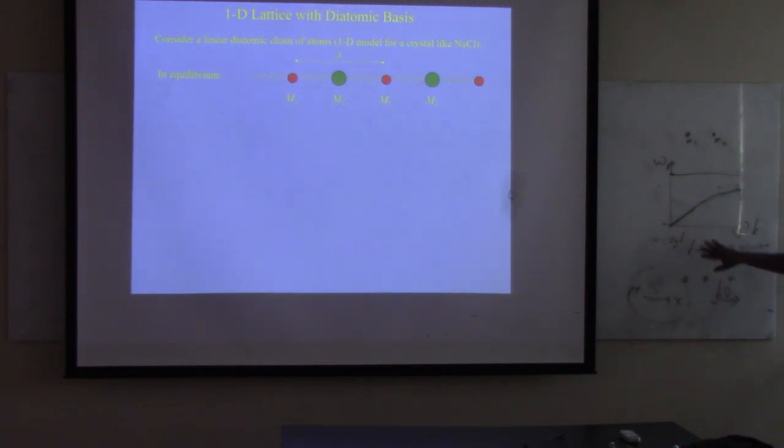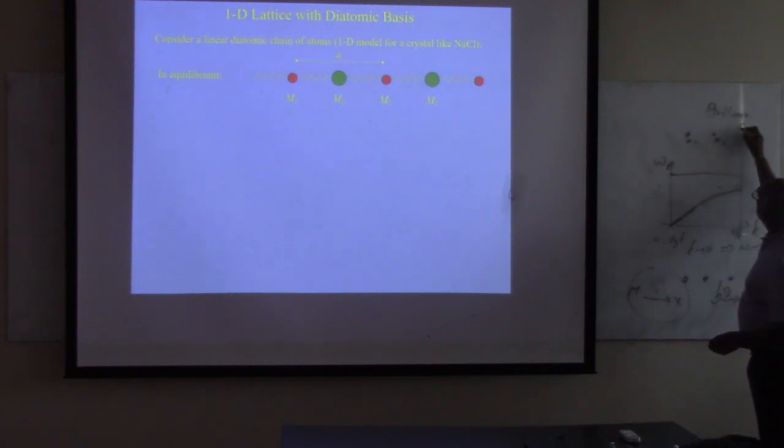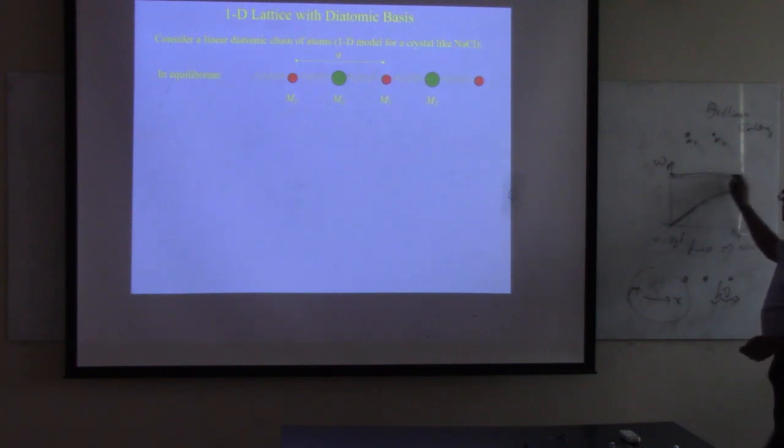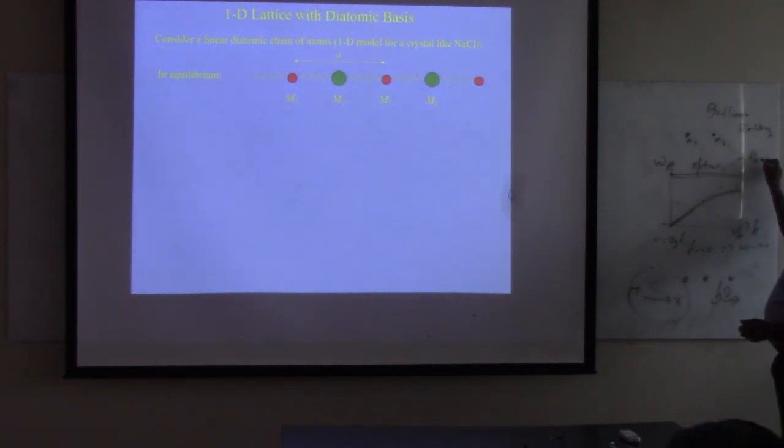This kind of scattering we call Brillouin scattering. Next, for the optical modes, these phonons are high energy phonons. When they interact with light, that's what we get the Raman scattering. So this gives you Raman.